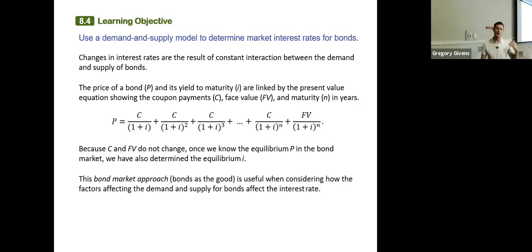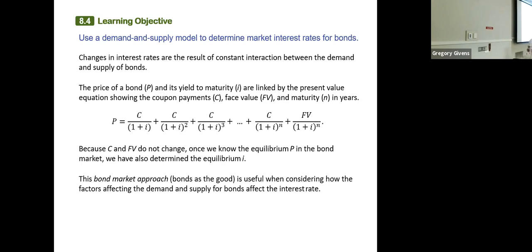This approach to explaining how interest rates are determined, which I think was the title of this section of the course, is what's referred to as the bond market approach to interest rates, all right? It's the idea that you can think about what determines interest rates by studying equilibrium in the bond market, where the good that is actually being traded is the quantity of bonds in circulation, right?